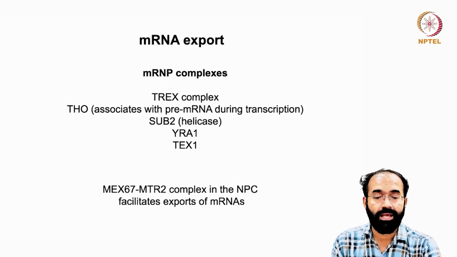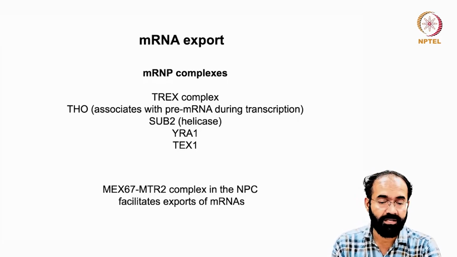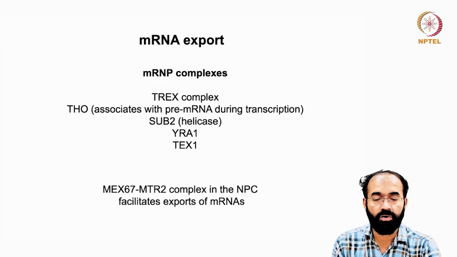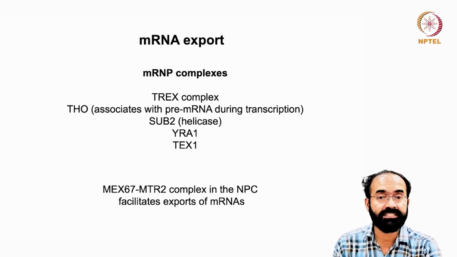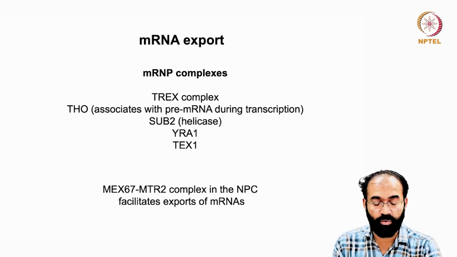So coming back to mRNA export, mRNP complexes are important because they protect the RNA and also provide stability. This complex involves the TREX complex, and THO associates with pre-mRNA during transcription, and another protein Sub2, which is a helicase, and YRA1 and TEX1. So TREX is a protein, THO is a protein, Sub2 is a protein, YRA1 is a protein, TEX1 is a protein.